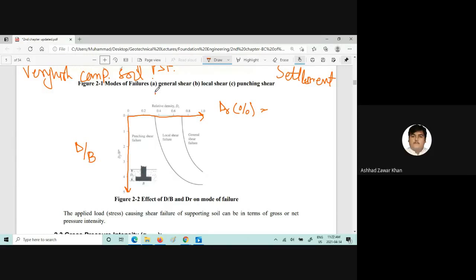Sir, density of any substance to the density of reference material. So if you remember, we studied that in Geotech 1 as well, and I think in Geotech 2, but mostly in Geotech 1. What is relative density?